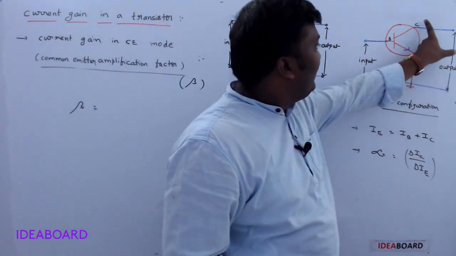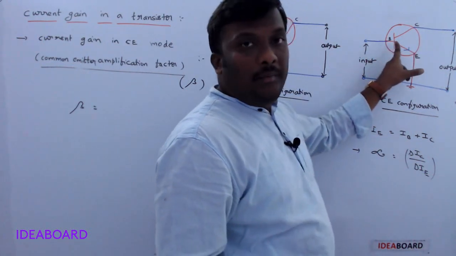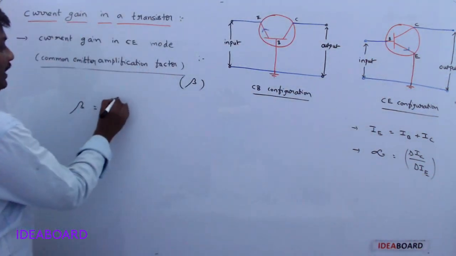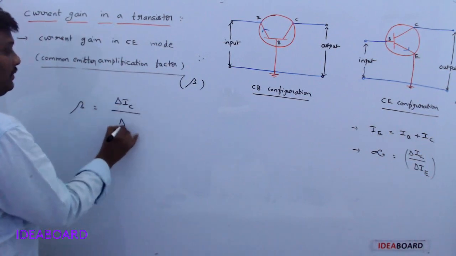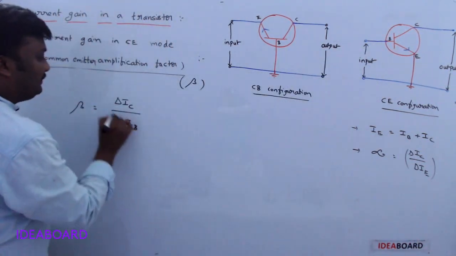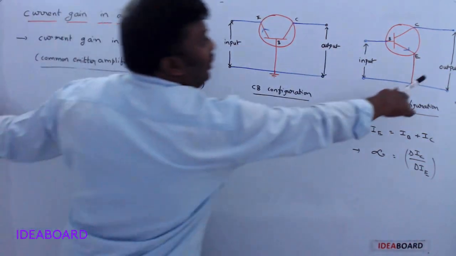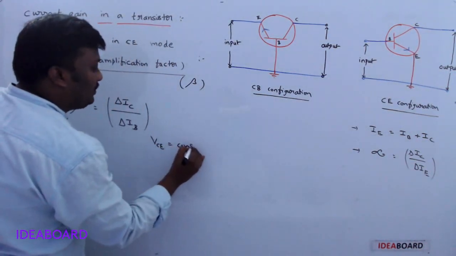So, output current is taken across collector, input is given across base. That's why beta can be defined as small change in collector current by small change in input base current when output voltage VCE is equal to constant.